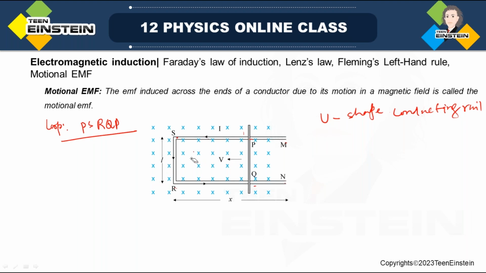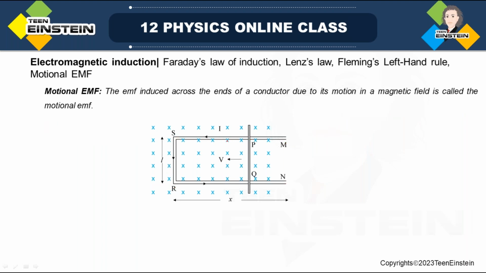Now if this PQ conducting rod is moved towards SR with a uniform velocity V, then what will happen? Suppose at some time it is here. Then the area is changing.